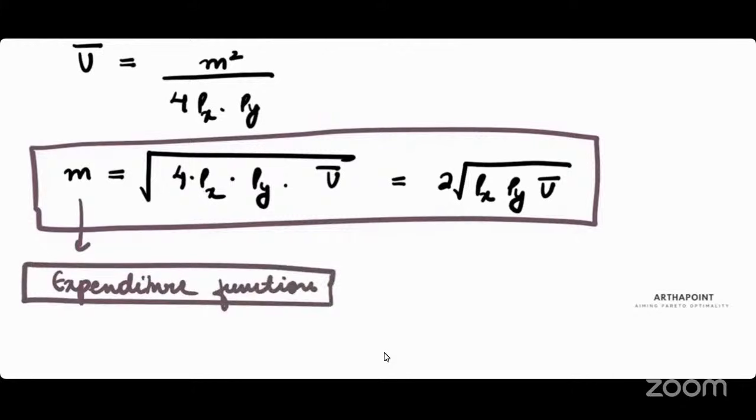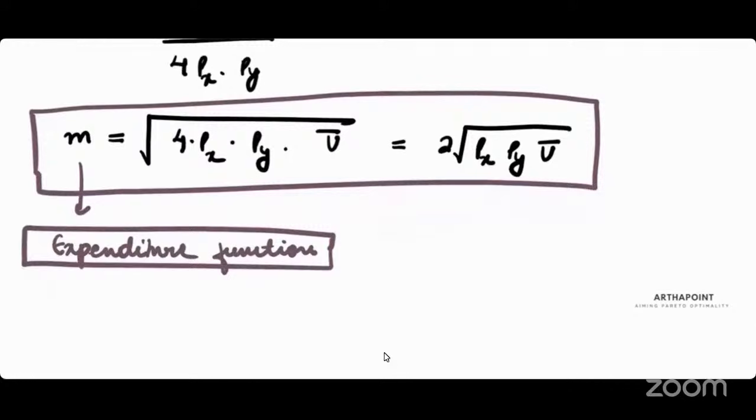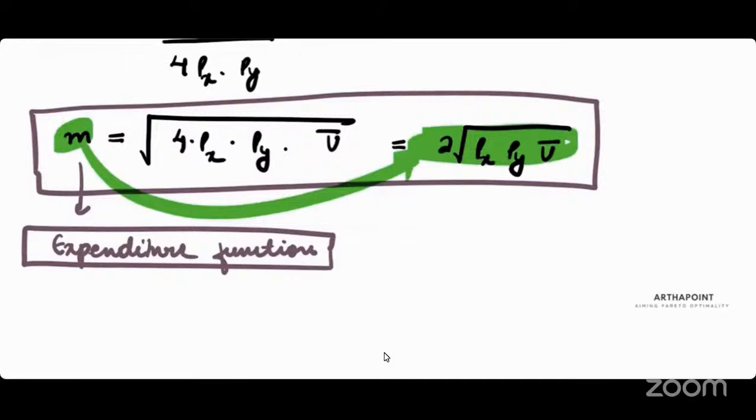What is an expenditure function? An expenditure function tells you what is the minimum money required to fetch a given level of utility. So if I have this much money with me, M is equal to this much, right? If I have this much money with me, then I will be able to get this utility U bar. That is what this function is saying.